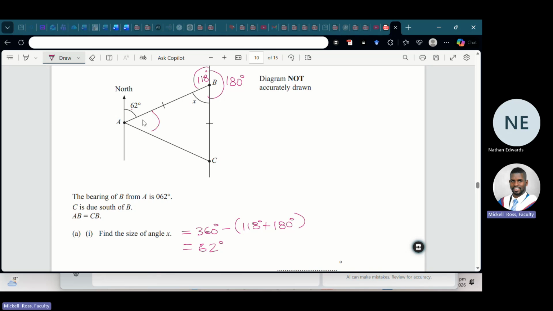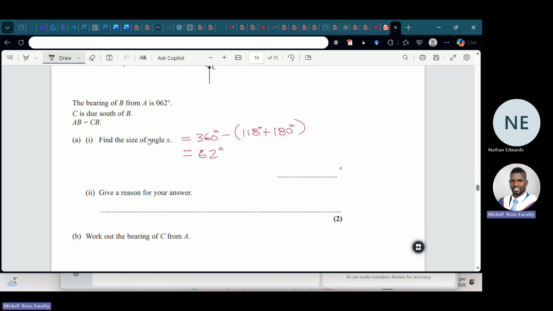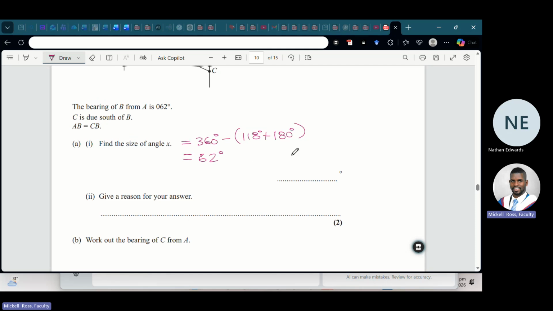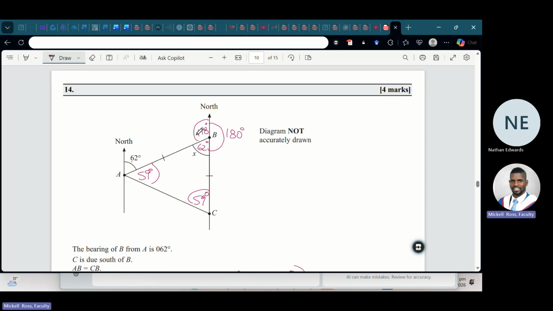That means that this angle is 59 degrees. This angle is 59 degrees. So if this angle is equal to 62. Give a reason for your answer. Well, why a reason? Now we do a calculation. Oh, I see why they want a reason.